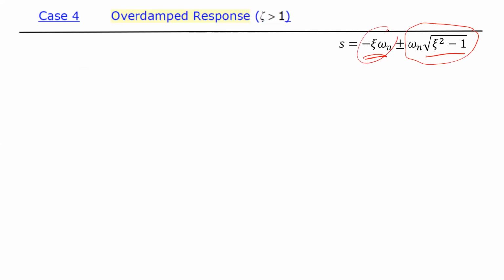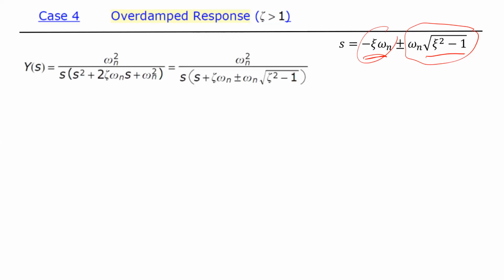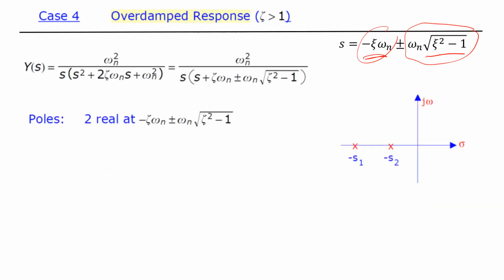So we are always in the left half plane, but they are real, not complex. You will have two poles, s1 and s2. They are always real, and they are in the left half plane. They will be in the right half plane if zeta is negative.